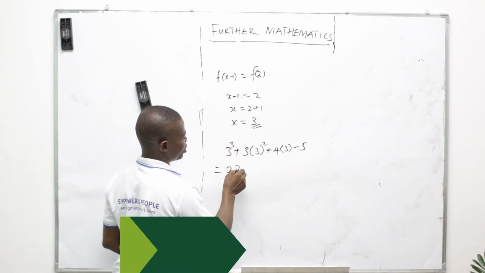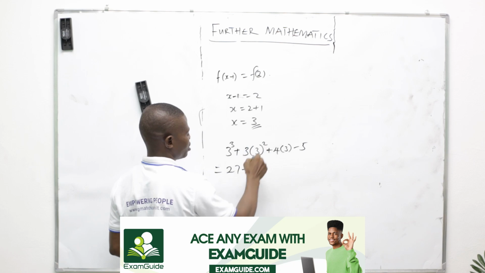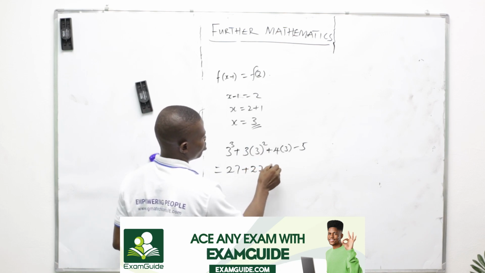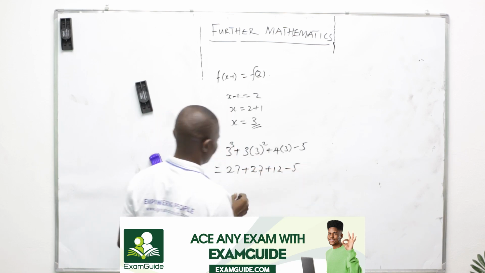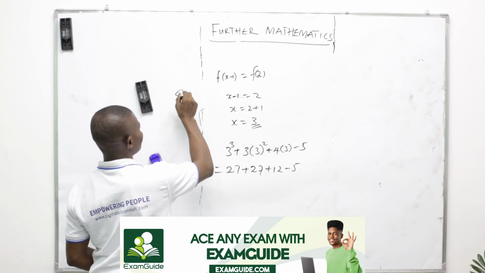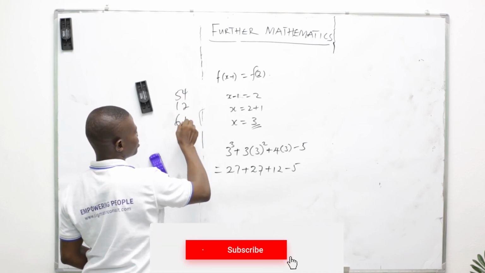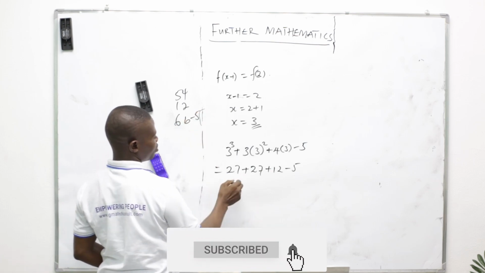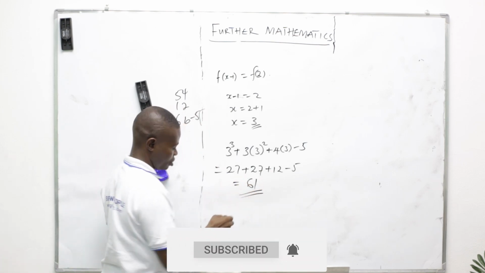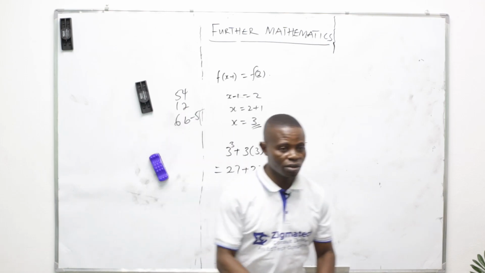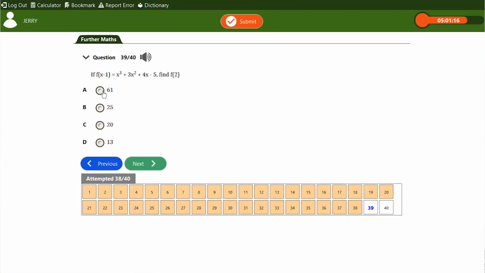This is 27. This is 9, 27 again, plus 12 minus 5. This plus this, I think, is 54, plus this, that is 66 minus 5, 61. Solution option A, 61.